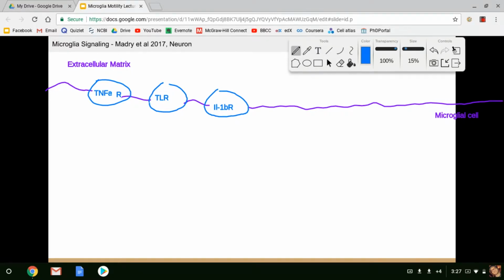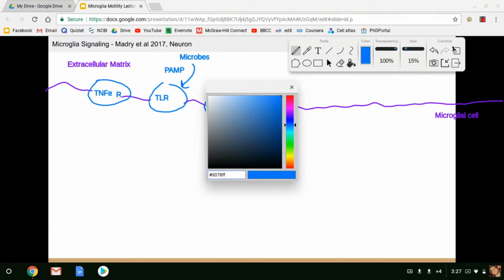IL-1 beta receptors bind IL-1 beta. Toll-like receptors bind to PAMPs, pathogen-associated molecular patterns, which are basically from microbes. Microbes can activate toll-like receptors.